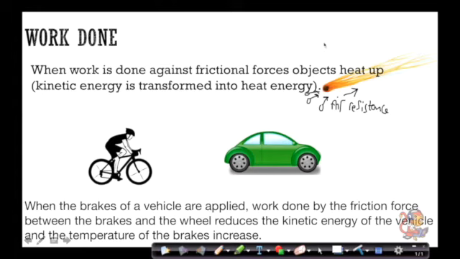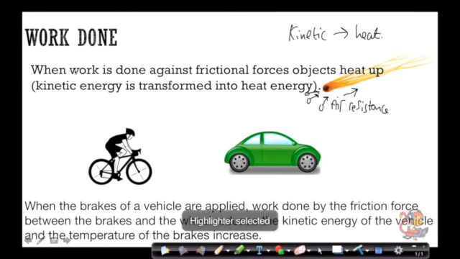So at the moment we've got it moving with kinetic energy, and that is transformed into heat energy when work is done against friction. So this here is what we need to remember. When work is done against frictional forces, objects heat up because the kinetic energy is transformed into heat energy.